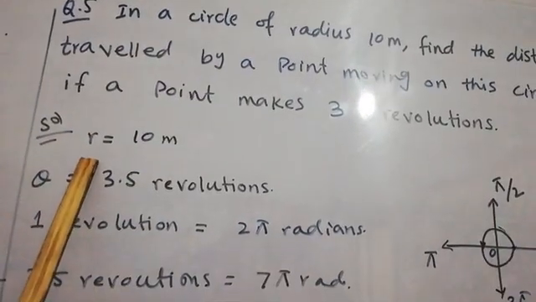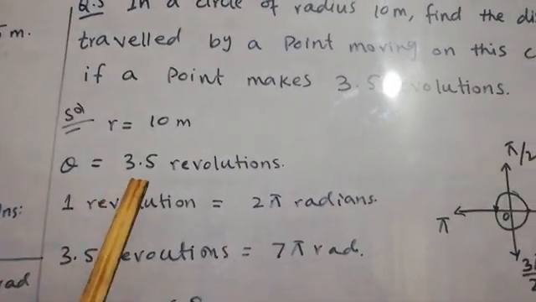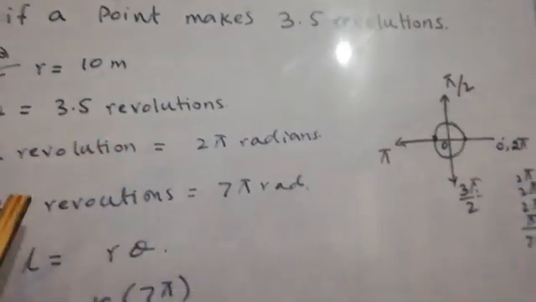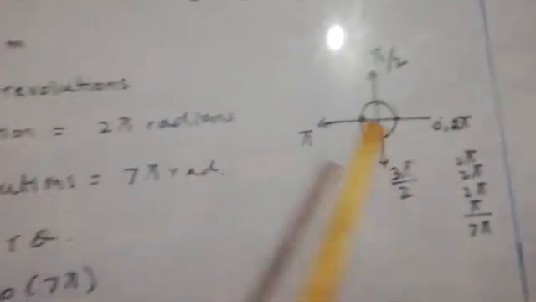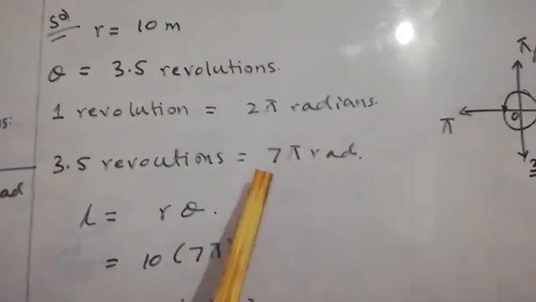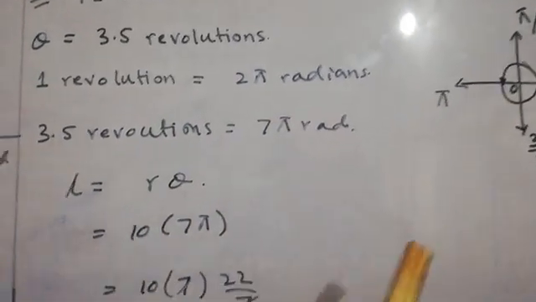Like radius is equal to 10 meters, which is given, and theta is equal to 3.5 revolutions. Okay, 1 revolution equals 2 pi radians, as we have discussed here. And 3.5 revolutions means we will multiply 3.5 by 2, we will get 7 pi radians.